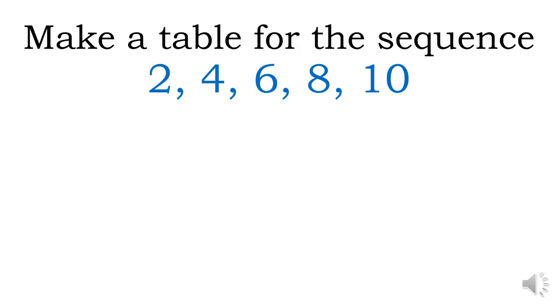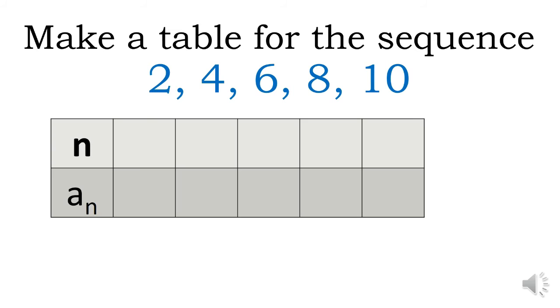To define sequence formally, let us make a table for the sequence 2, 4, 6, 8, and 10. Now we write the elements of our sequence as a sub n. So we have 2, 4, 6, 8, and 10. The n value of our a sub n represents its order in the sequence.